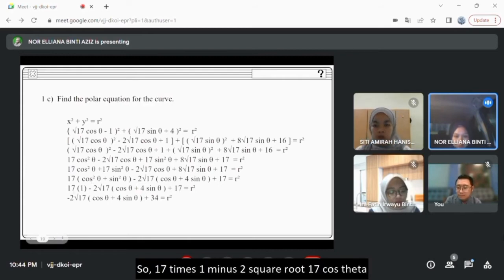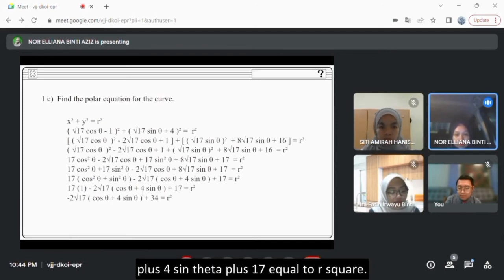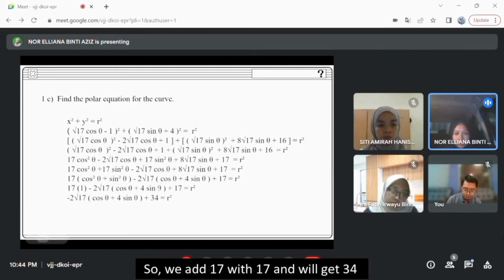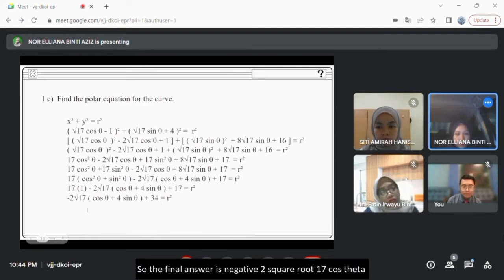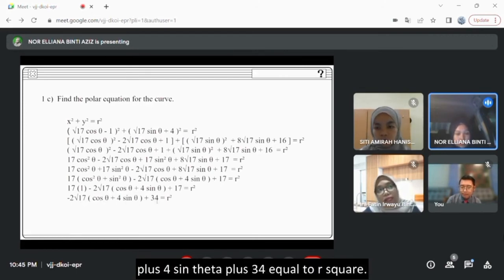So 17 times 1 minus 2 square root 17 cos theta plus 4 sine theta plus 17 equal to r square. We add 17 with 17, so we will get 34. So the final answer is negative 2 square root 17 cos theta plus 4 sine theta plus 34 equal to r square.